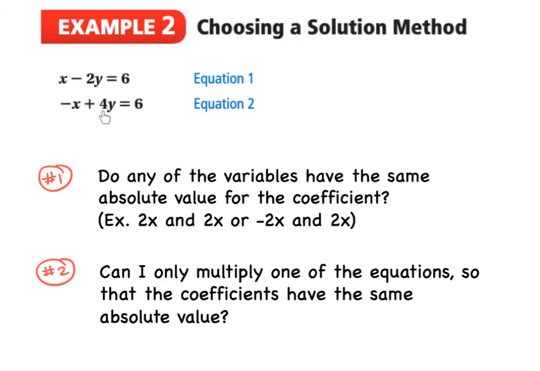And if we were to do that, what number can we multiply? Ideally, we want to multiply only one of these equations, so we could multiply this one by 2 because 2 times 2 would make 4. Ideally, we don't want to think, oh, I need to make these two the same, so I'm going to multiply this one by 2 and this one by 4 so that they have 8y. That would be too much work, and we want to avoid doing that. So with these, we're just looking at elimination and trying to choose the most efficient method for solving.